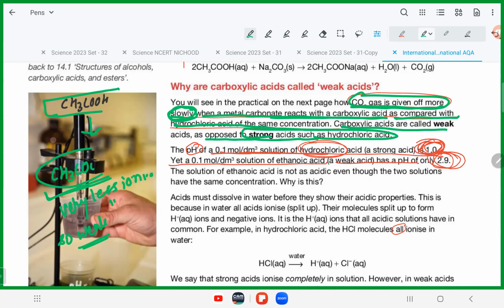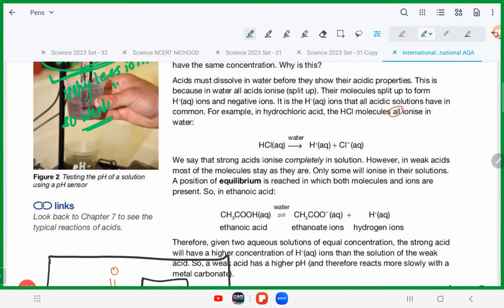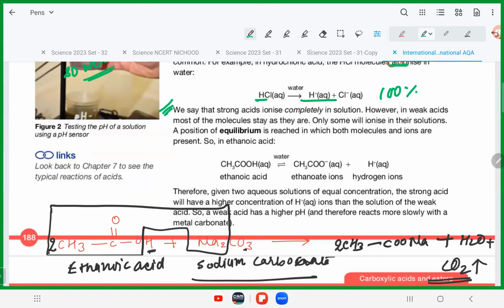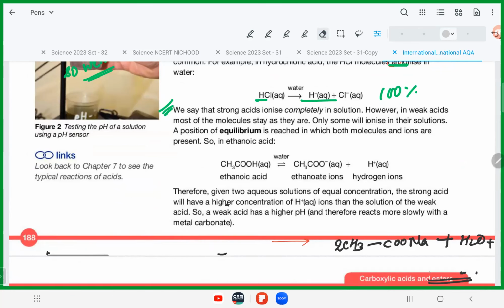Now the second point they are saying is that a strong acid ionizes completely. So this is HCl; it is 100% ionizing. Now read out this statement. We say that strong acids ionize completely in solution. However, in weak acids, most of the molecules stay as they are.